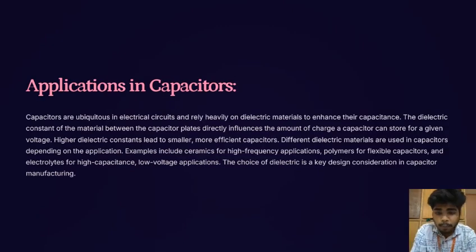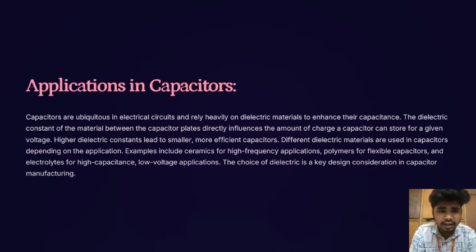So now we will see applications in capacitors. Capacitors are ubiquitous in electric circuits and rely heavily on dielectric materials to enhance their capacitance. The dielectric constant of the material between the capacitor plates influences the amount of charge that can be stored for a given voltage.